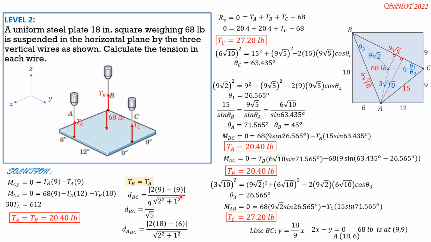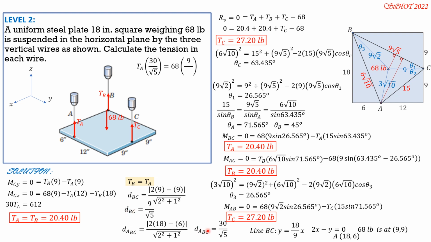So it is 18 minus 9, 9 over square root of 5. While the distance of point A to BC is absolute value of 2 times 18 minus 6 over square root of 2 square plus 1 square, and that is 30 over square root of 5.